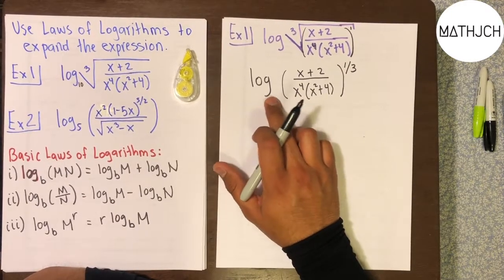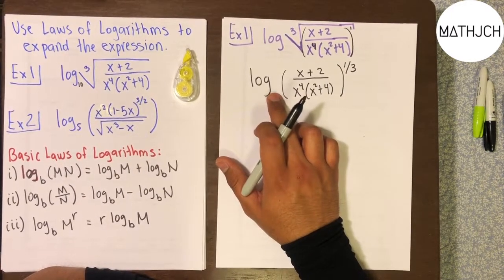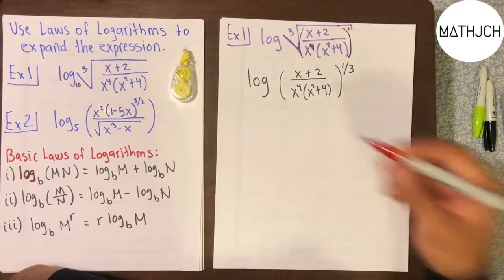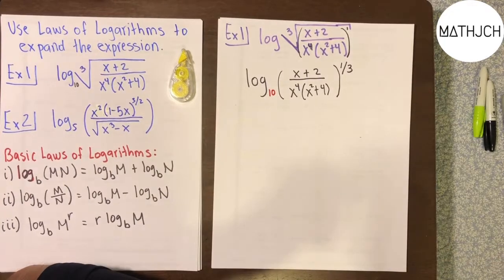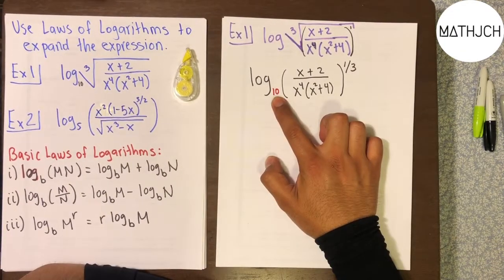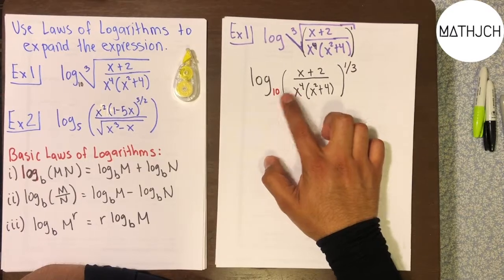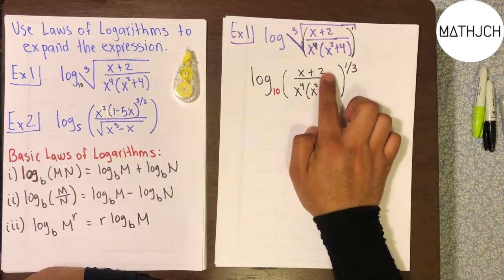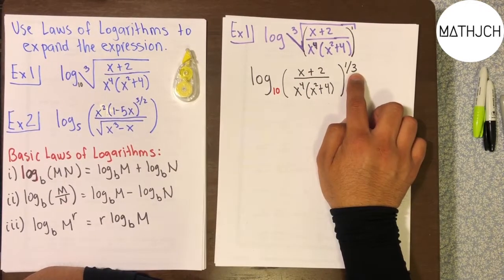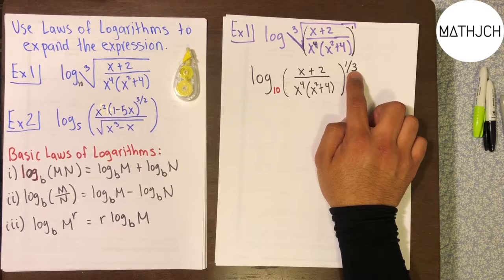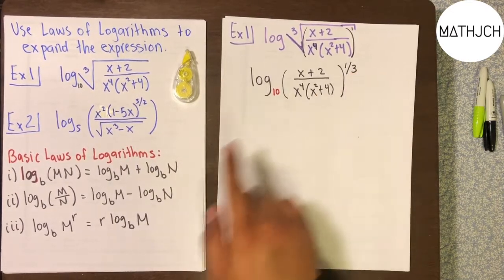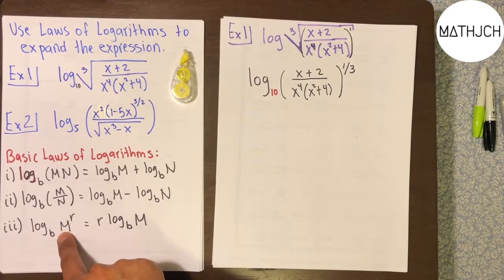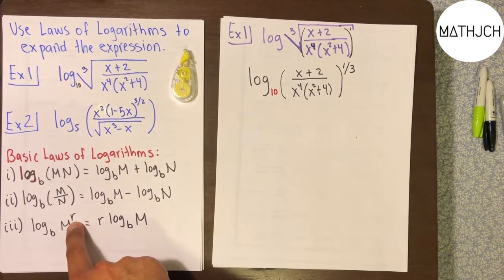Now, we have a log here. Notice that there's no base given, so automatically our base will be 10. It's common that you don't write it, so we're going to leave it as simply log. Now notice, we have a log of something inside the parentheses with some power. Let's go back to our basic laws, and notice that our third basic law has something next to log with some power.